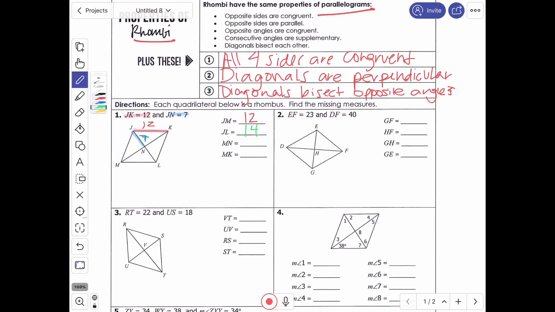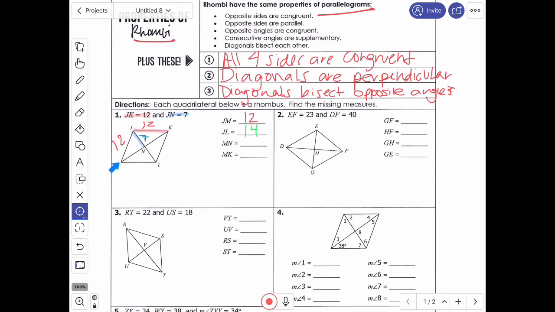Hold on. Sorry, I lost my train of thought. So this is 12. We don't actually know if this diagonal is congruent to JL because this isn't a rectangle and we don't have that the diagonals are congruent. We just know that they're perpendicular and they bisect opposite angles. We don't technically know that the diagonals are congruent like we did in rectangles.